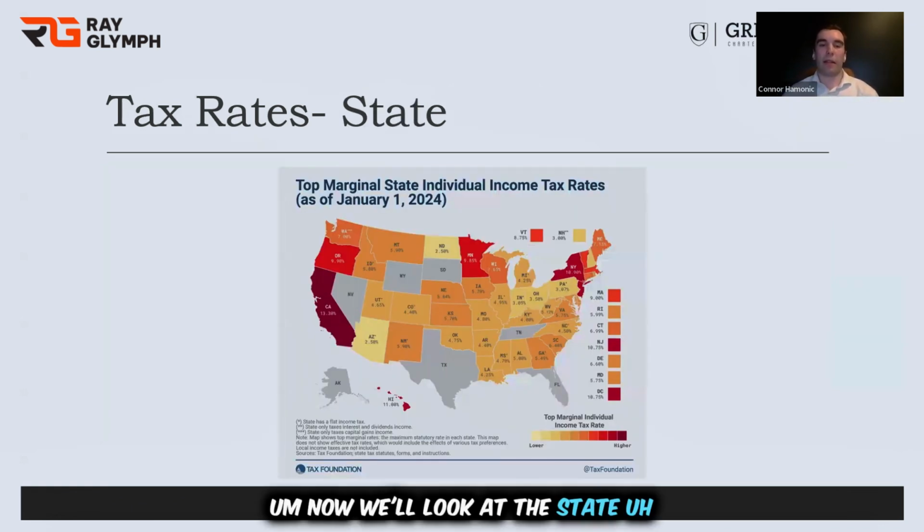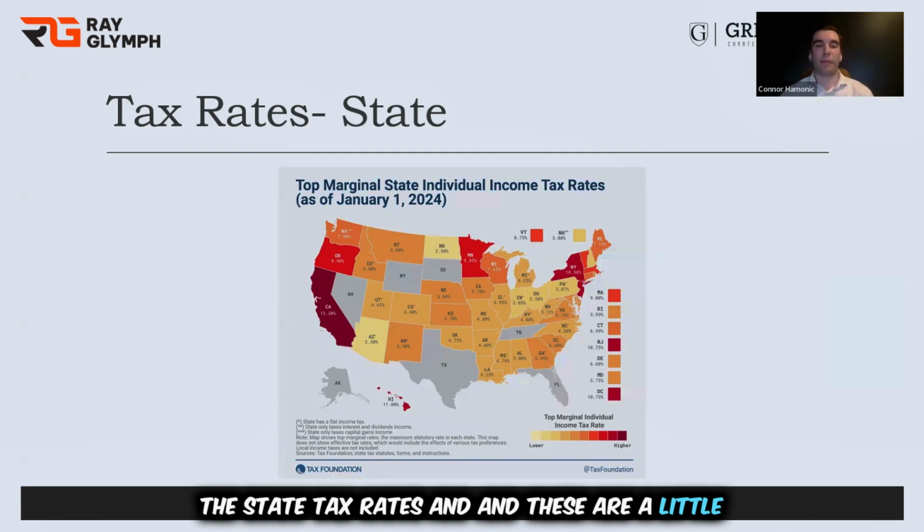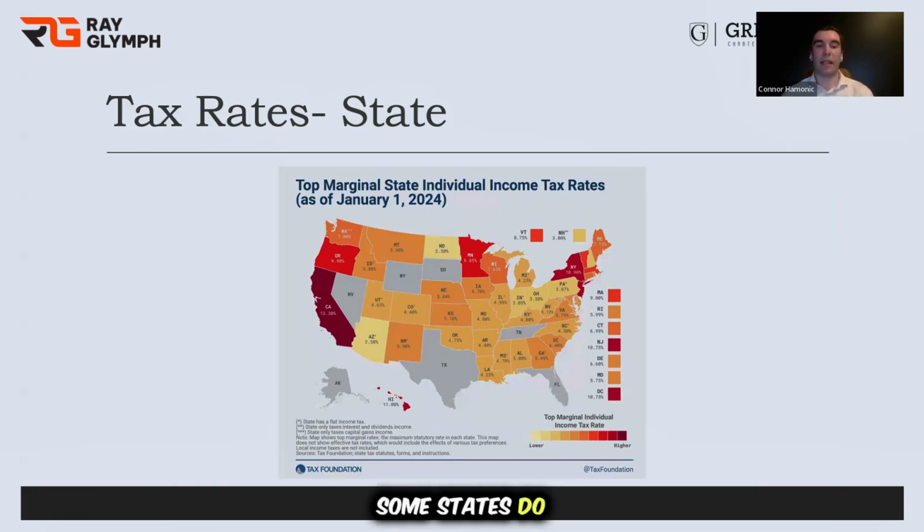Now we'll look at the state tax rates, and these can be a little bit more complicated depending on the state that you're in. Some states don't have any state income taxes, which is great for an investor. Some states do, but they only tax certain types of income. Certain states only tax interest income, some tax interest and dividends, others tax only capital gains.